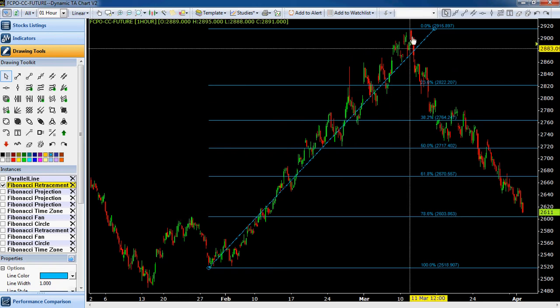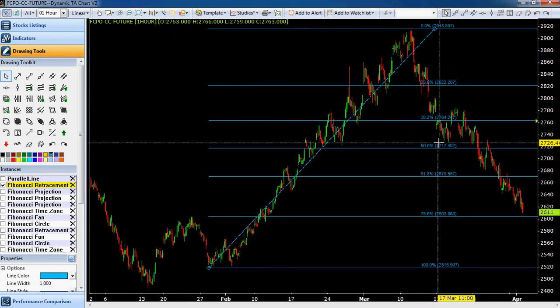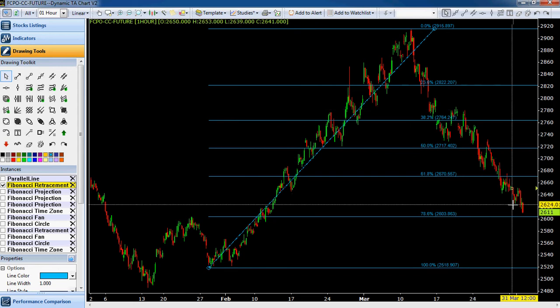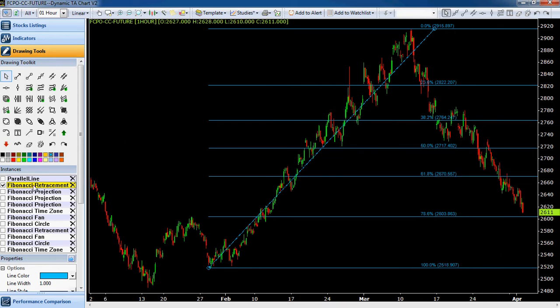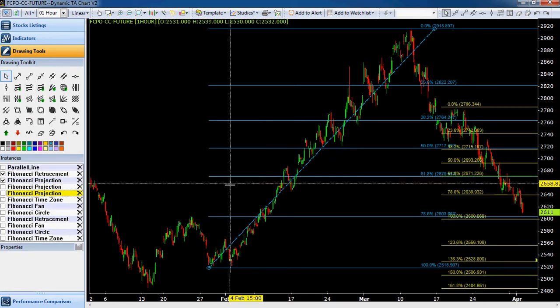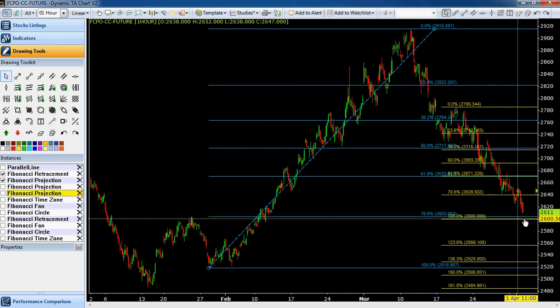So if we take this one as wave A and this one as wave B, and the whole stretch here is wave C, we can do a projection, and you can see that the 100% projection is at 2600 sharp.